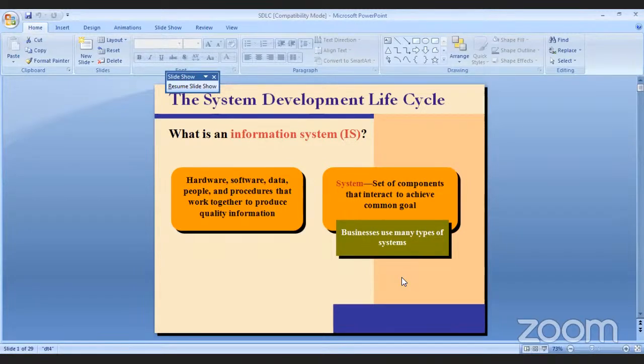Now this is visible? No, sir. Your slide is not moving. I'm in the second slide.